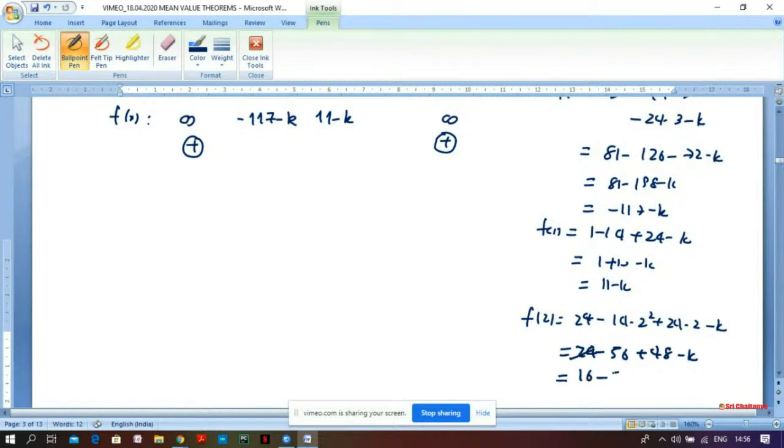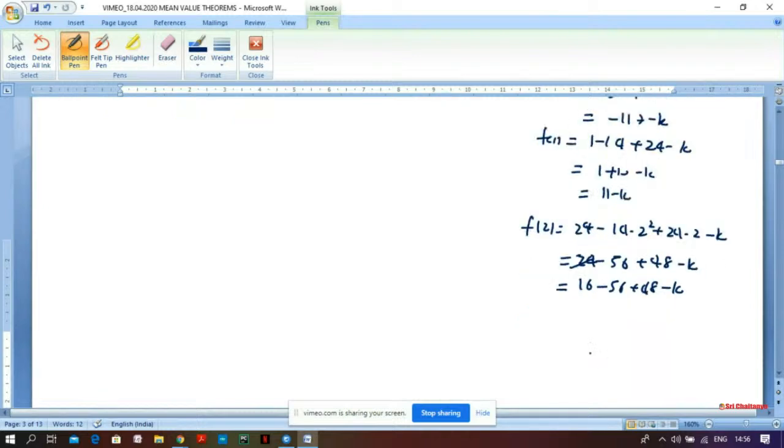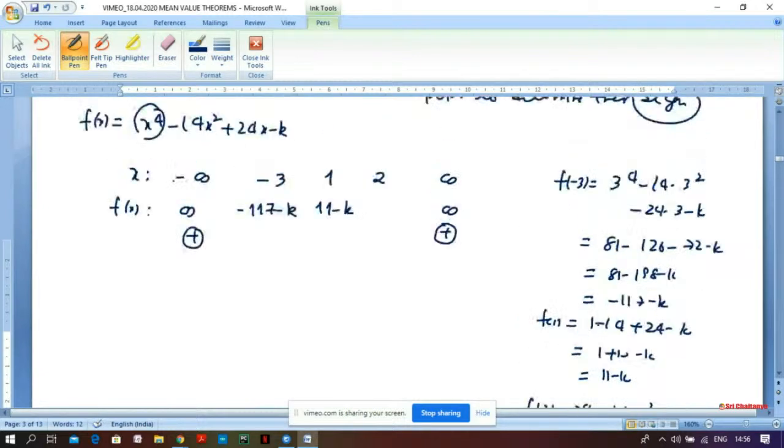So 16 minus 56 plus 48 minus k. And that gives you 8 minus k. So it's just a matter of following computations. So I get 8 minus k. So I have got all these numbers now.